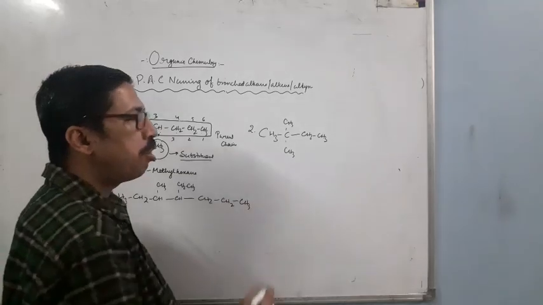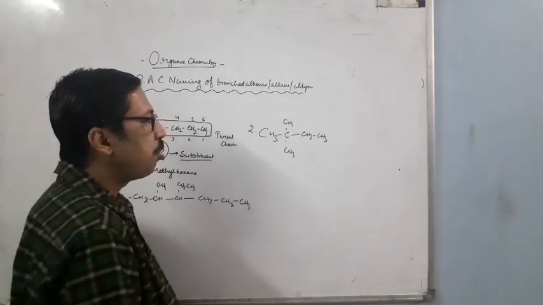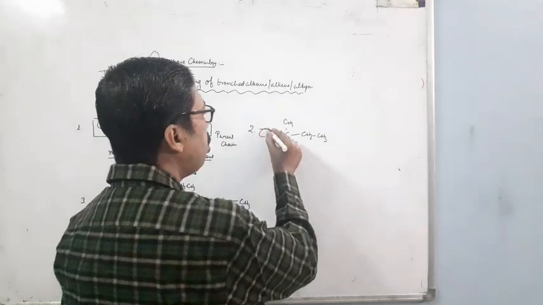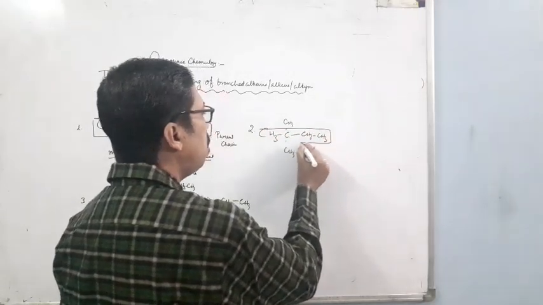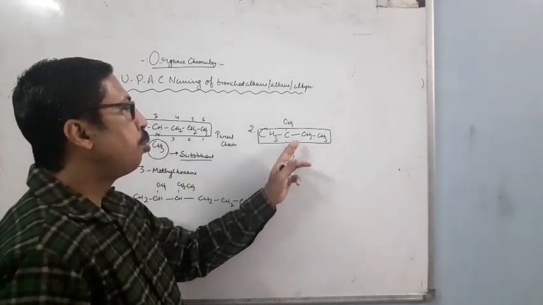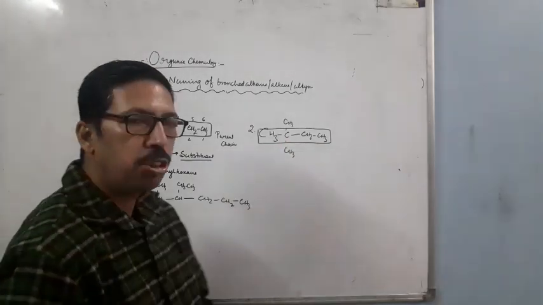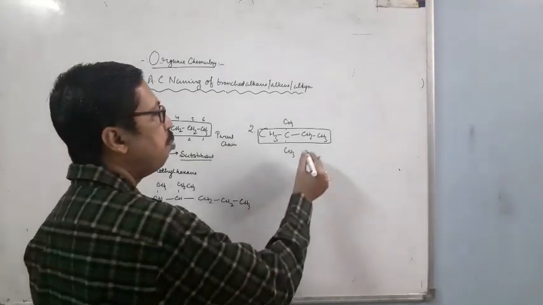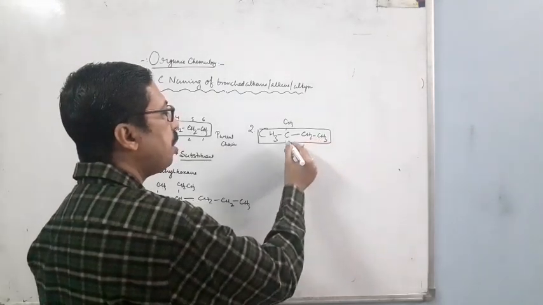Before writing the IUPAC name, the longest carbon chain is considered. So this is the longest carbon chain: 1, 2, 3, 4. The longest carbon chain may be like this too: 1, 2, 3, 4.